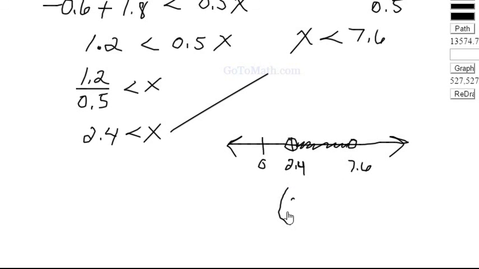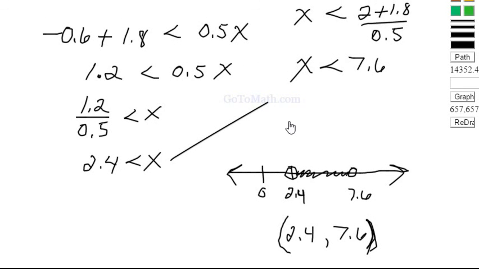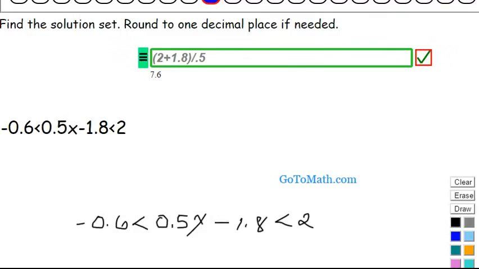Right, so we'd have 2.4 comma 7.6, if we were asked to write it in interval notation. But I think actually the answer is going to be like this. Less than 7.6. Okay.